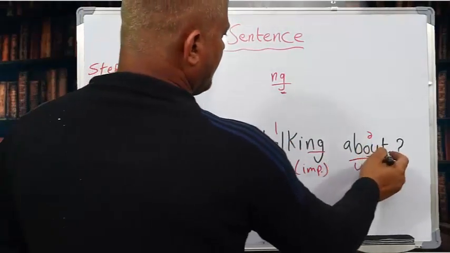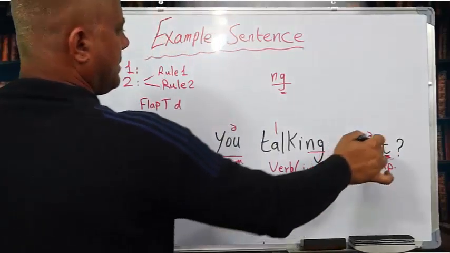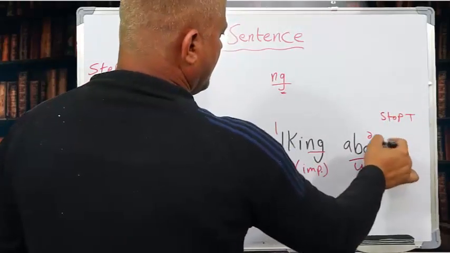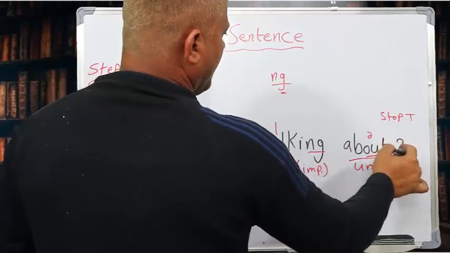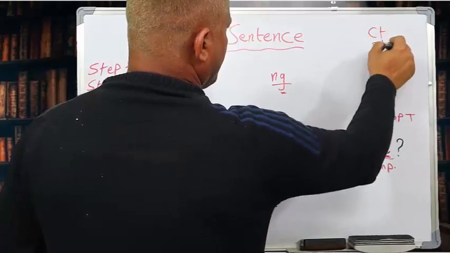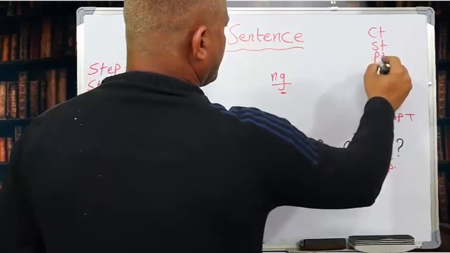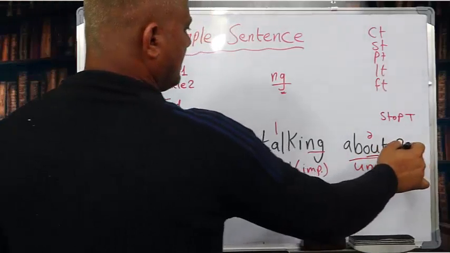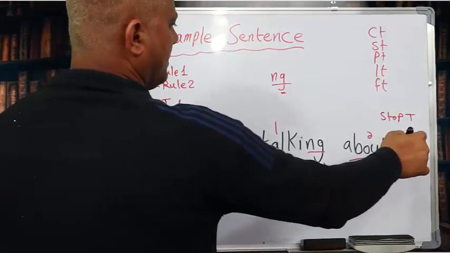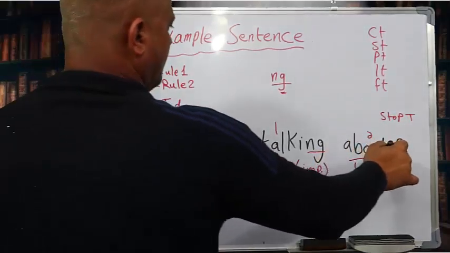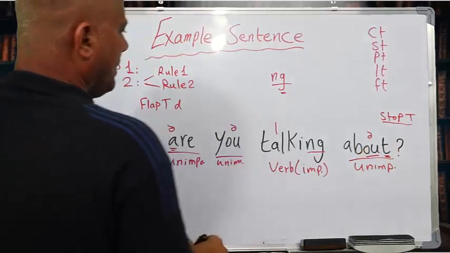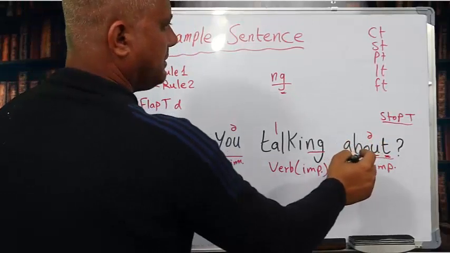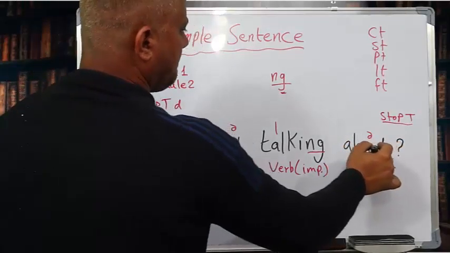About, we have the letter T here, so it becomes stop T because it does not belong to the clusters CT or ST or PT or LT, FT, and there is no word after it that begins with a vowel, so it will be stop T. And the result of pronunciation for this word will become about. Stop T, schwa, about.